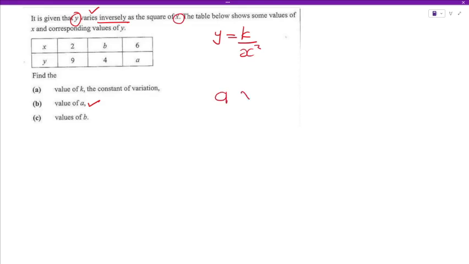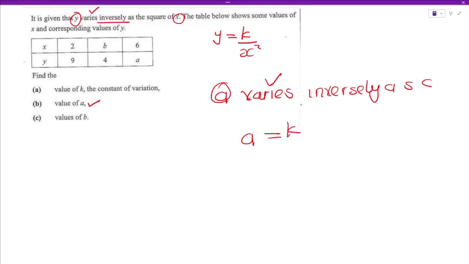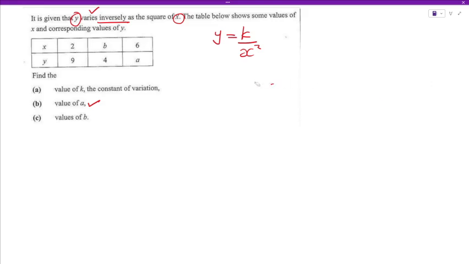Given that a varies inversely as c, you write a equals k, with nothing between these two, so just plug in the underline for inversely as c, just like that.